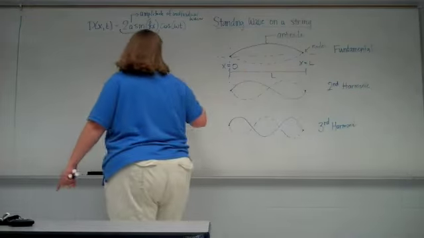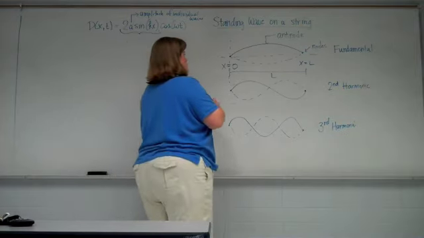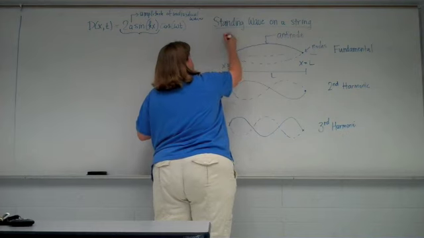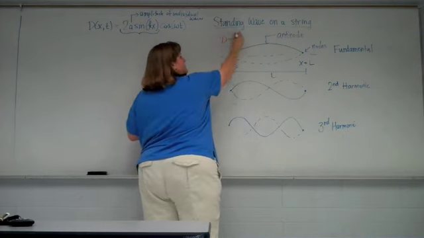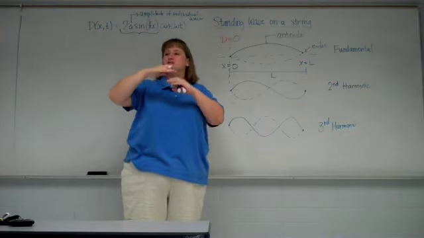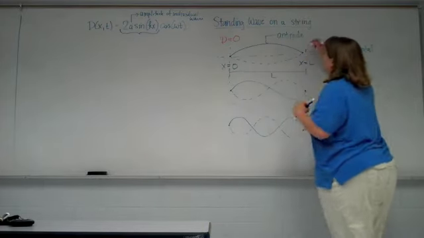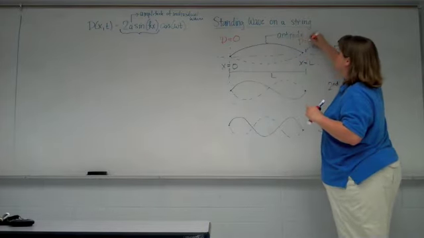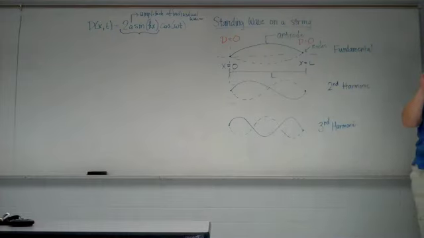It turns out these are both nodes, so the displacement of the medium here is 0. It hasn't been displaced from equilibrium. It's a stationary point. Any node has a displacement of 0. It stays in place. That's a point of destructive interference.